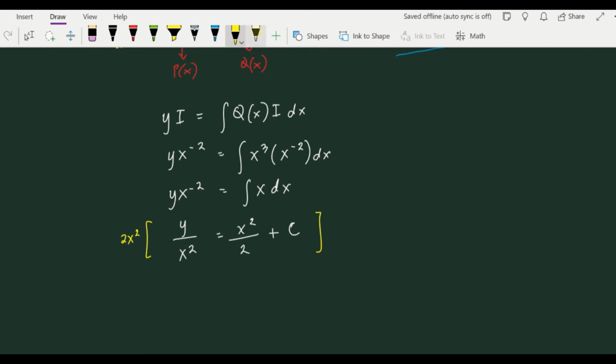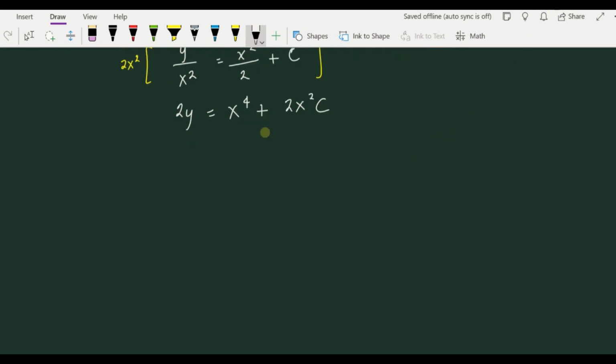So, we have 2x squared divided by x squared is 2 times y. So, 2y equals, cancel yung 2 dito. So, x squared times x squared, x to the 4th, plus c times 2x squared, that is 2x squared c. Ayan, then i-factor lang natin. So, 2y equals, may common factor siyang x squared.